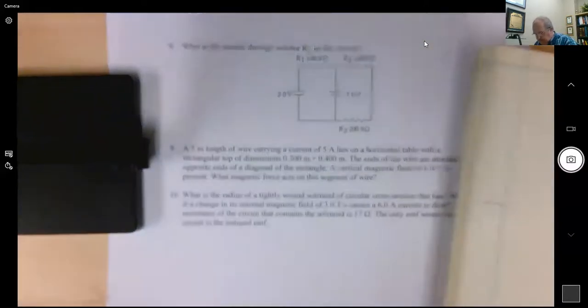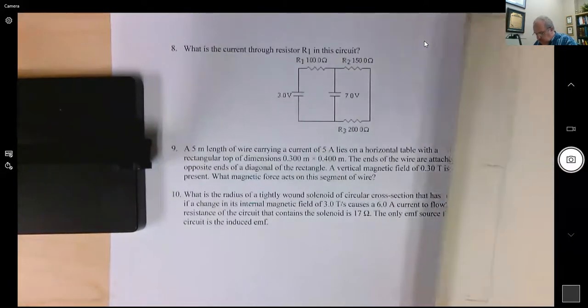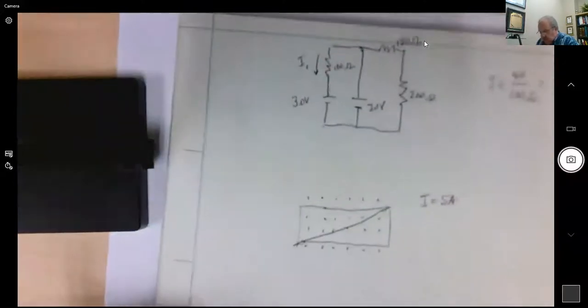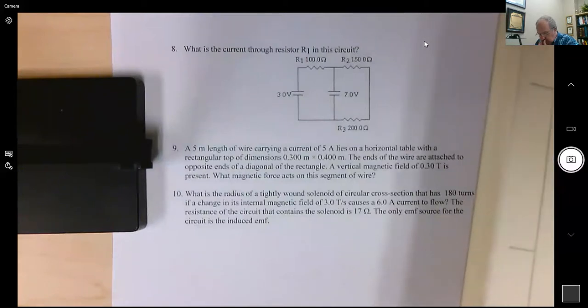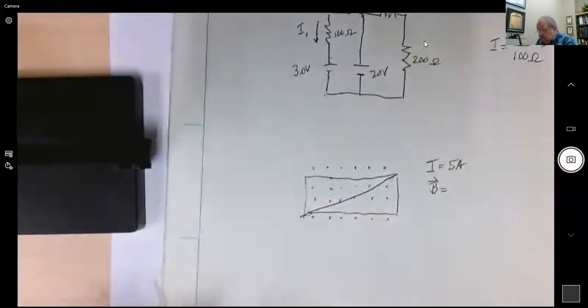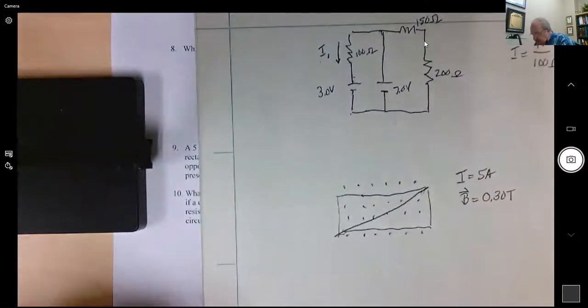Current is 5 amps. The vertical magnetic field B is equal to 0.3 Tesla.